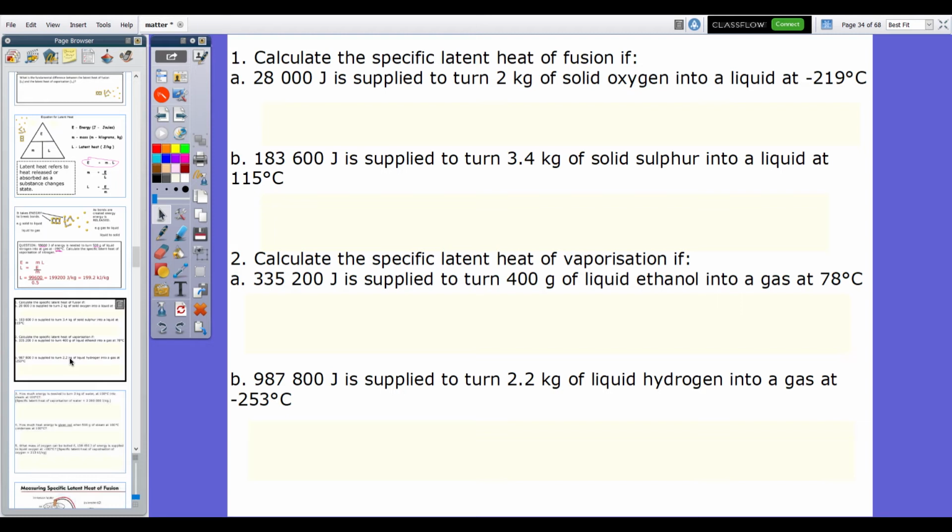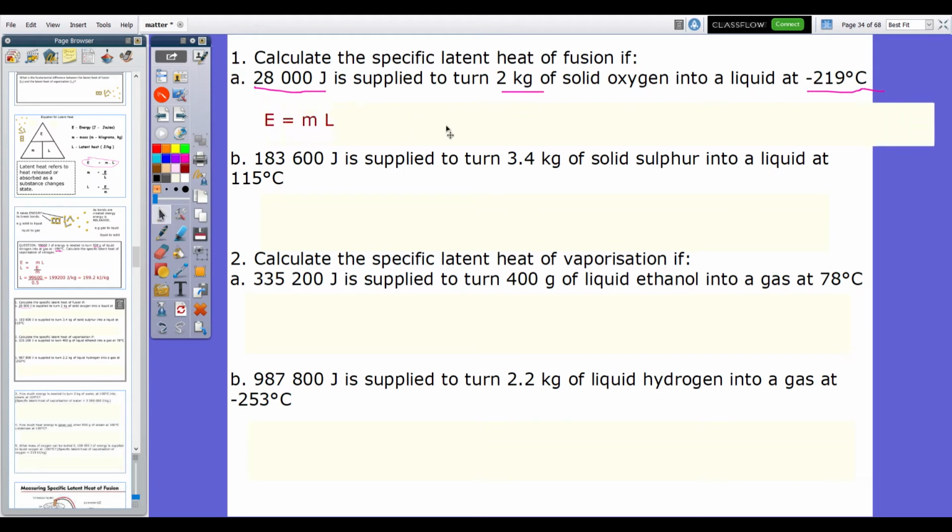Calculate the specific latent heat of fusion. 28,000 joules of energy is supplied to turn 2 kilograms of solid oxygen into liquid. I can't actually read the temperature because it's hidden behind something that's helping me do the recording, but that's just the temperature, so we don't need to know that one. 2 kilograms, 28,000.